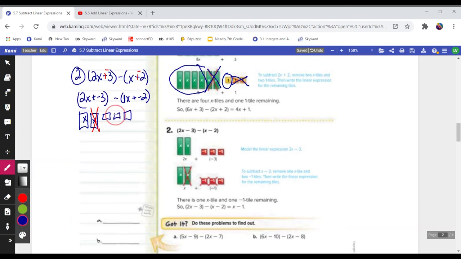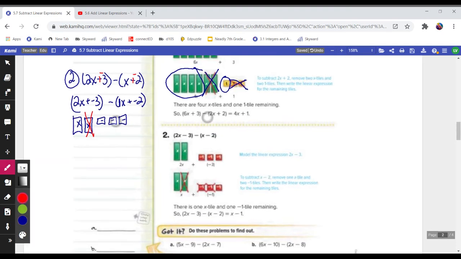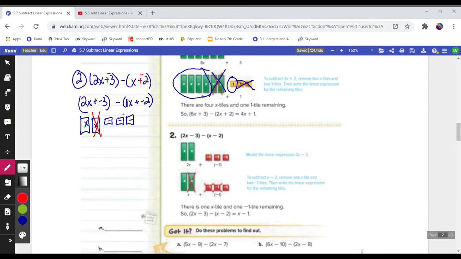Those actually should have been negative 1's. So excellent job for those that had questioned that. I apologize. So I want to take away 2 of these negatives. So I'm taking away 1 negative and a second negative. And I'm left with 1x minus 1, or you could have that as x minus 1.